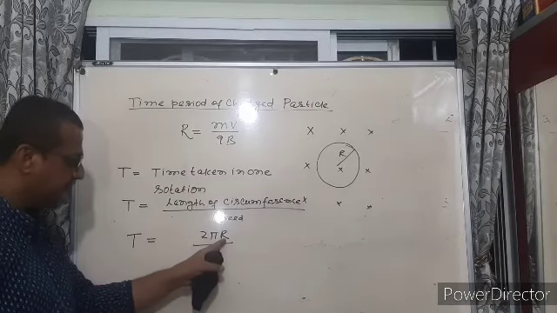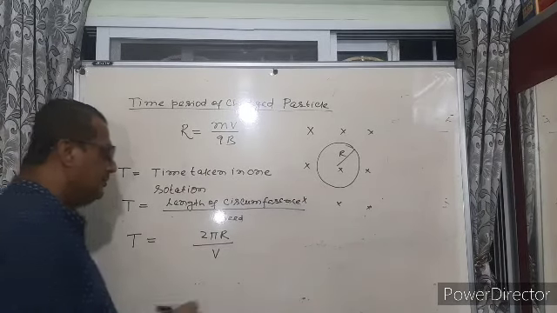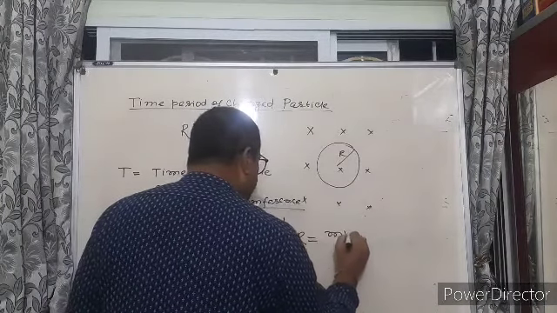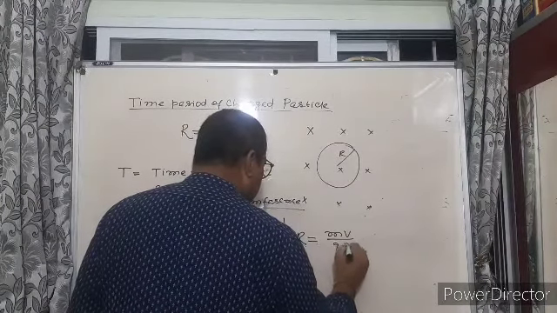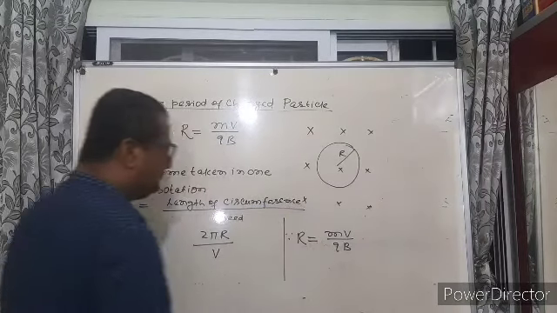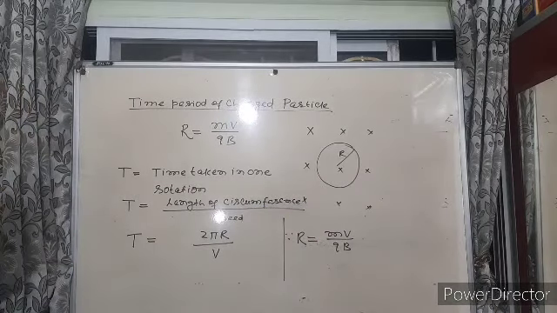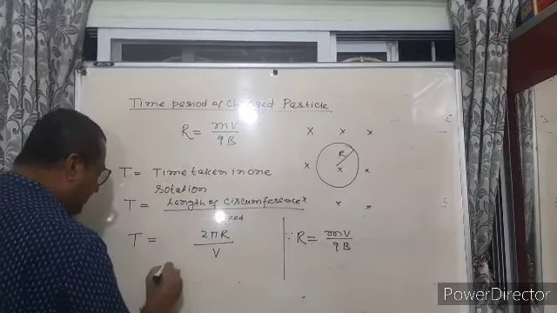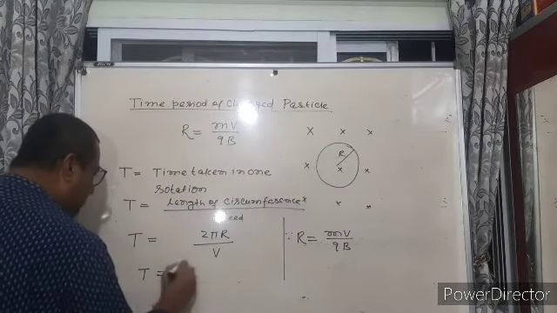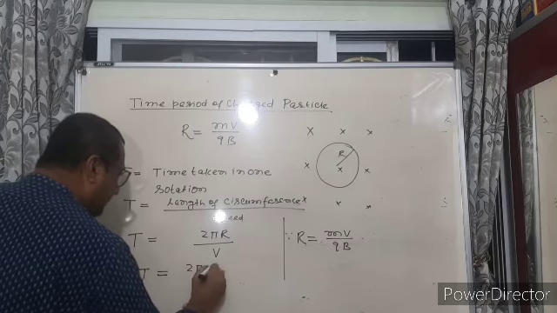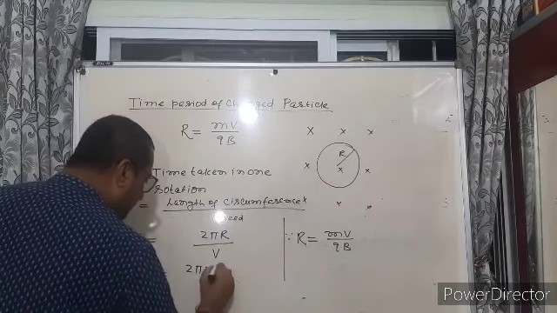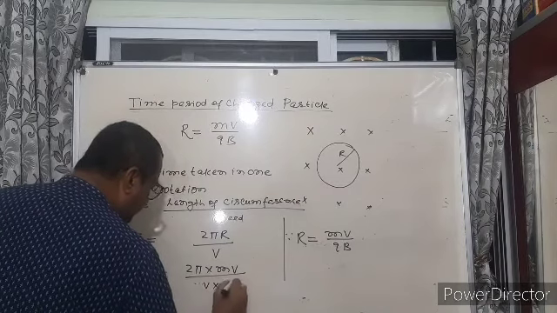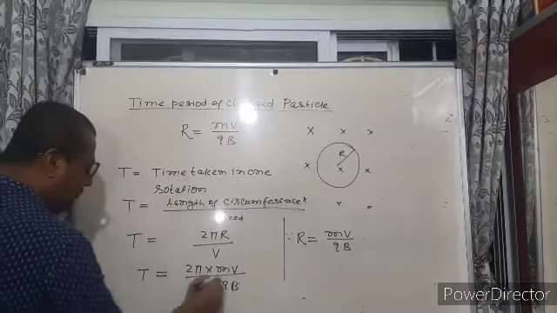We can change radius because we know r equal to mv by qb. So we can put here t equal to 2 pi, r equal to mv by qb. So v is cancelled.